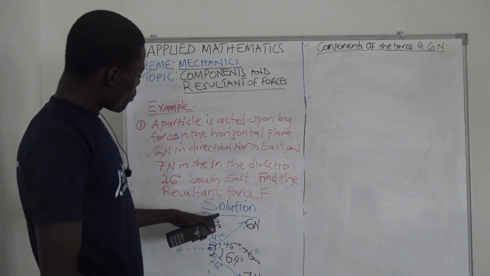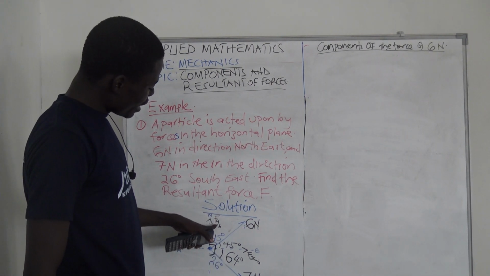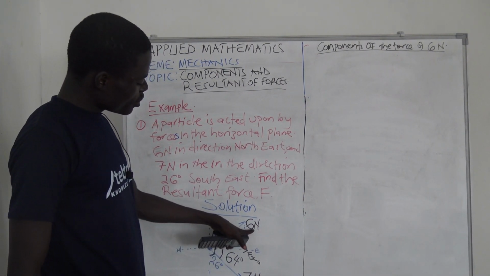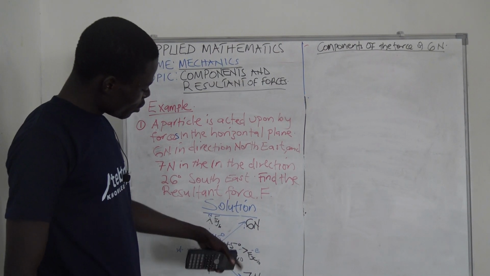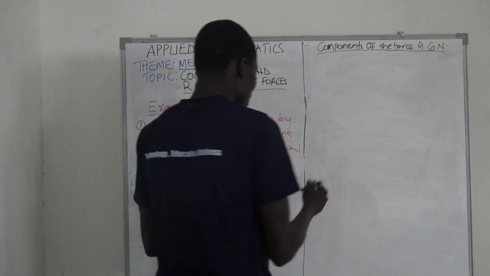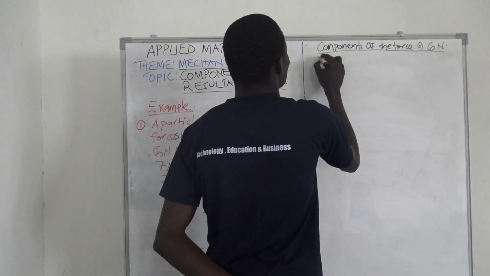This is the vertical component Fy for the 6 Newton force, and then we shall get this for the 7 Newton force also. So let us get the vertical component.